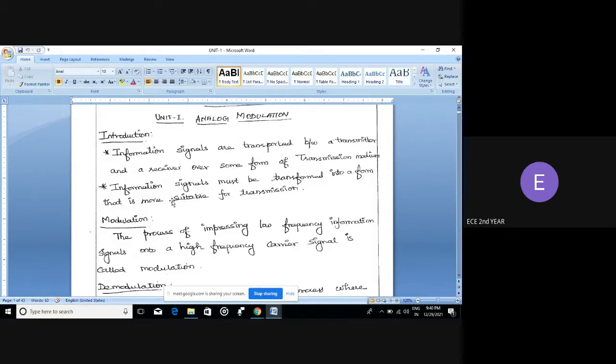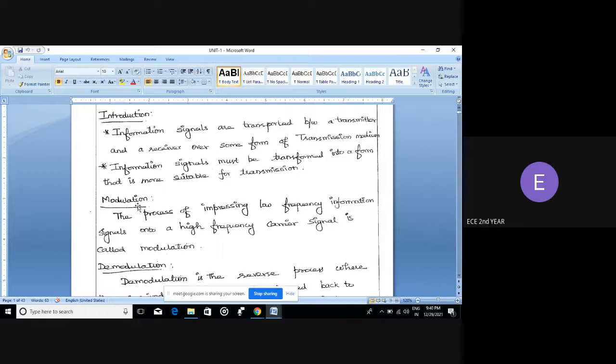How we make the information signal suitable for transmission is we use one particular process that we call modulation. The process of modulation is nothing but we incorporate two signals together. One signal is called the information signal and the other signal is called the carrier signal. After we combine these two signals, we can transmit the information signal over the carrier signal.